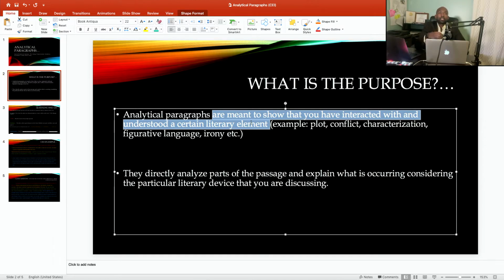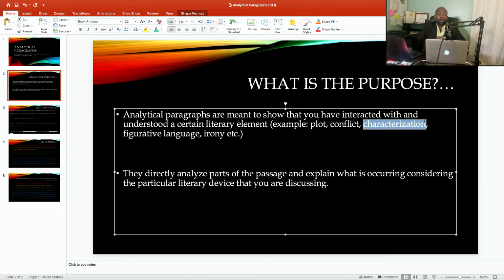If they're intending to convey a character's characterization, the English teacher wants to see if you recognize literary components in literature. And if your response to a question can show them that you understood and interacted with the literature and recognized those things and understood what the author was trying to do, a lot of times I think that could gain you some points in the psyche and in the mind of an English teacher, because that's what they want to see.